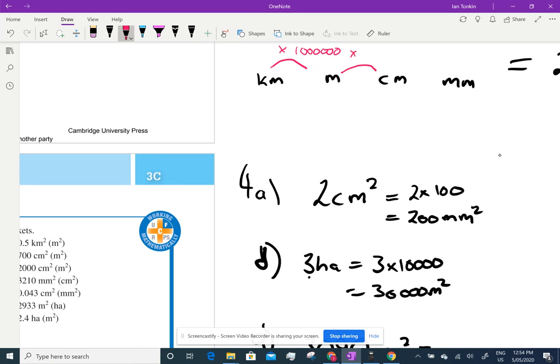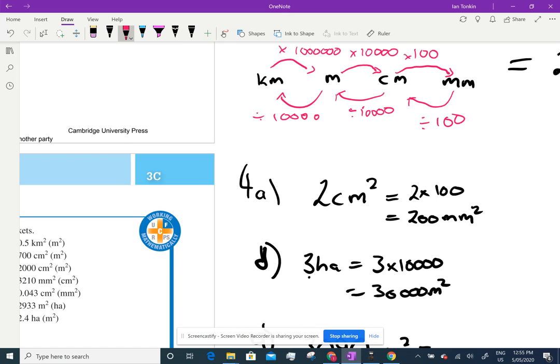Here I'm timesing by 100 by 100, so that's 10,000. Here I'm multiplying by 10 by 10, that's 100. And going back, I divide by 100, I divide by 10,000, and I divide by a million.